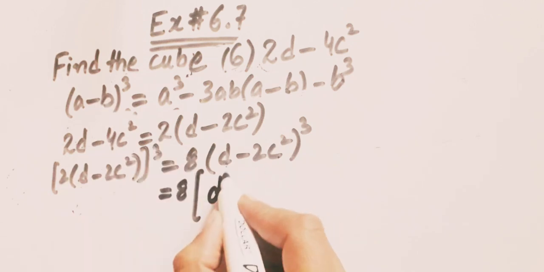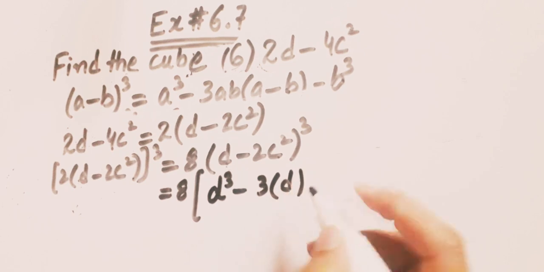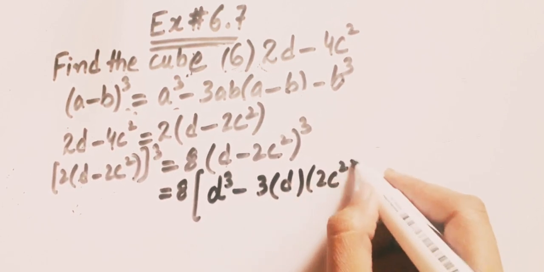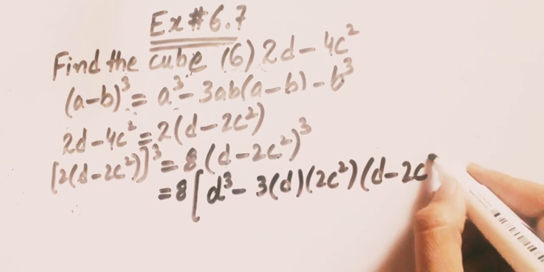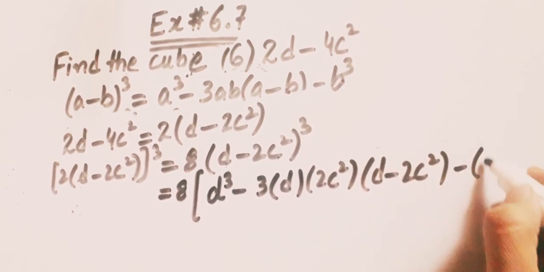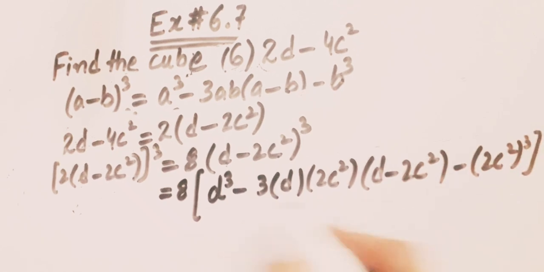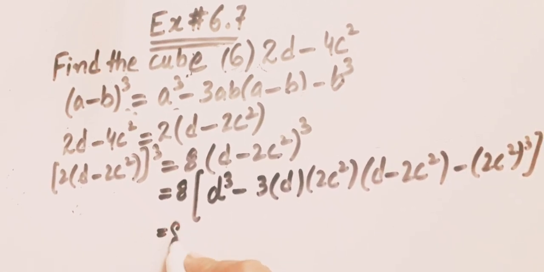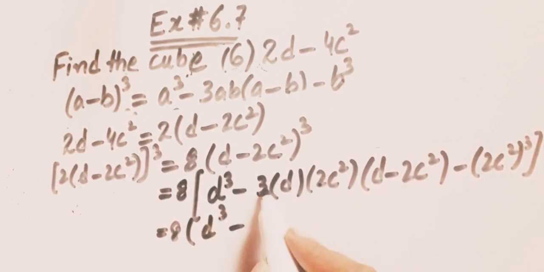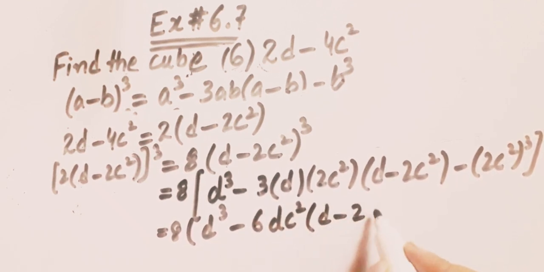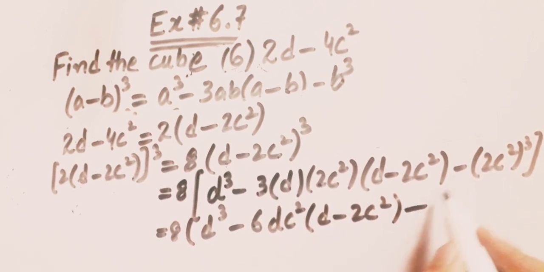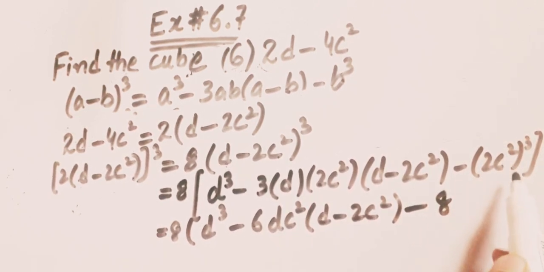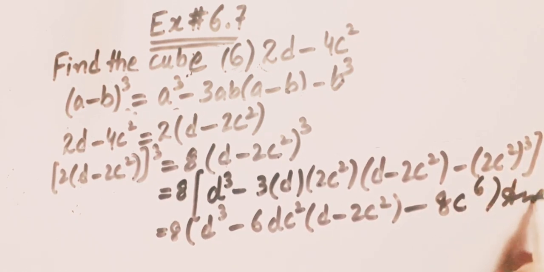So d cube minus 3 into d into 2c square, d minus 2c square, minus 2c square cube, which is equal to 8 into d cube minus 3 into 2 is 6, 6d c square into d minus 2c square, minus 2 cube is 8. c square into cube will become c6. So this is the answer.